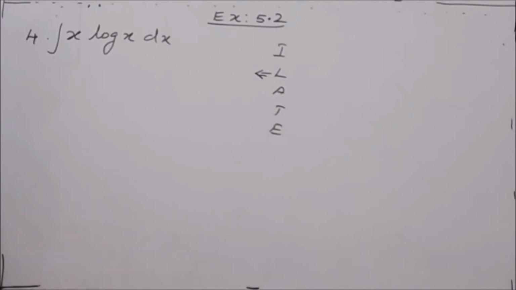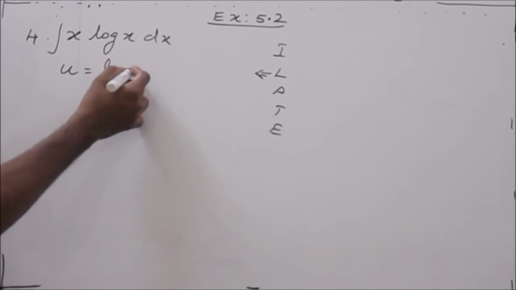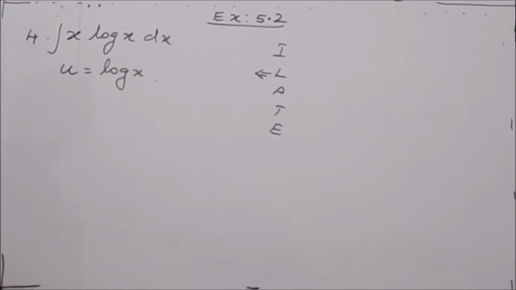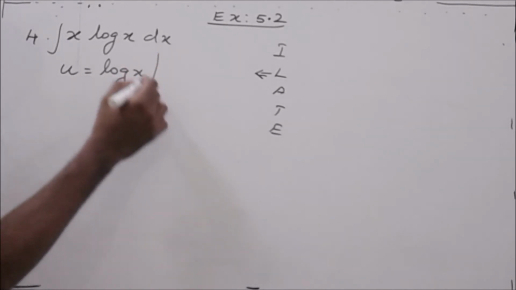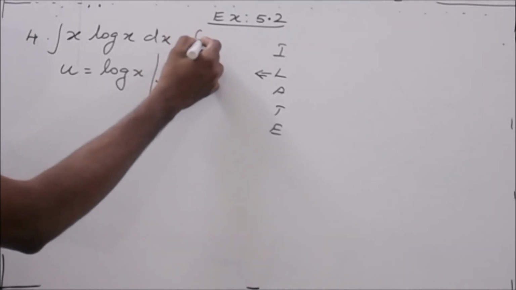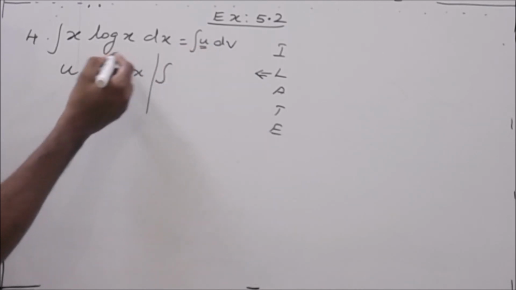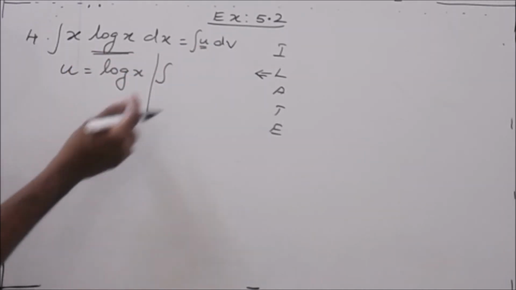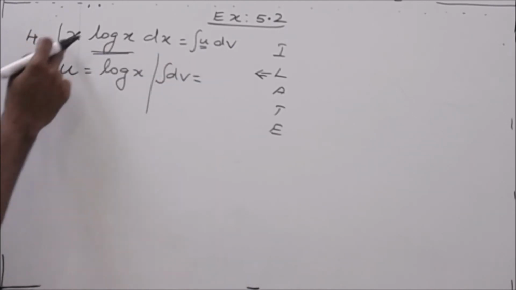So choose u equal to log x, and the remaining is integral dv. This is in the form of integral u dv. Since u is given to log x, the remaining integral dv equals integral x dx.